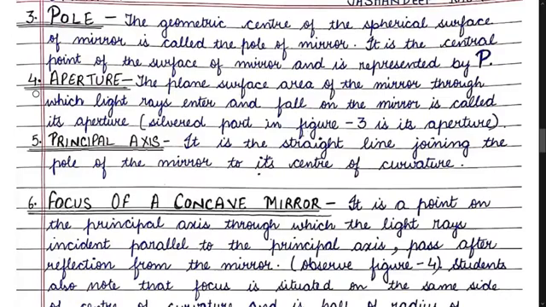Coming to the next term, aperture. The plane surface area of the mirror through which light rays enter and fall on the mirror is called its aperture.